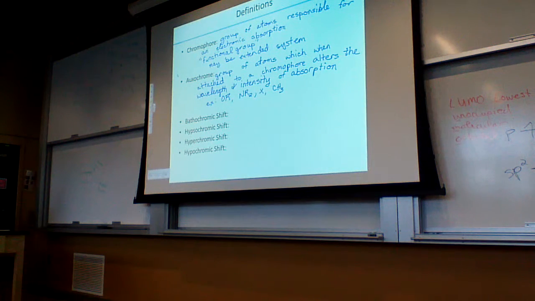Some more definitions. Bathochromic shift is a red shift, and that's going to shift it to lower energy or longer wavelengths.